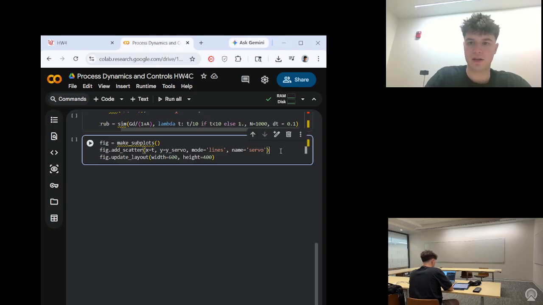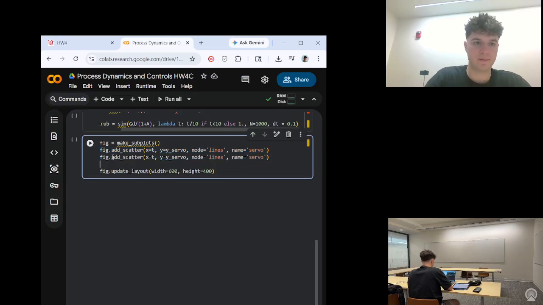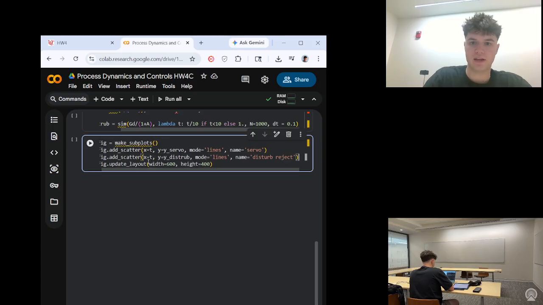And then we need another one of these. But this time we want this to be equal to disturb. We want mode to be lines, but then we want to name it disturb reject. And same there. So let's run this and see what we get.